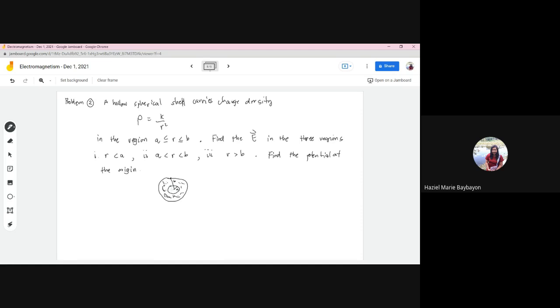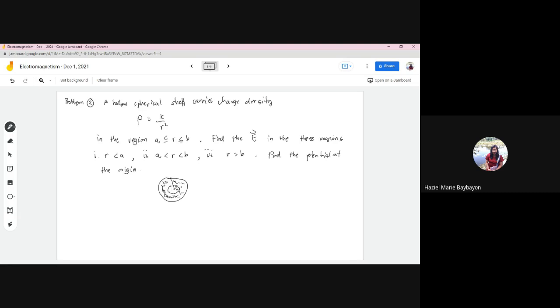Based on my drawing it looks like a donut, but it is not a donut. It is like a thick ball, a thick material. So it has inner radius A and outer radius B. And since it is hollow, there is a center.